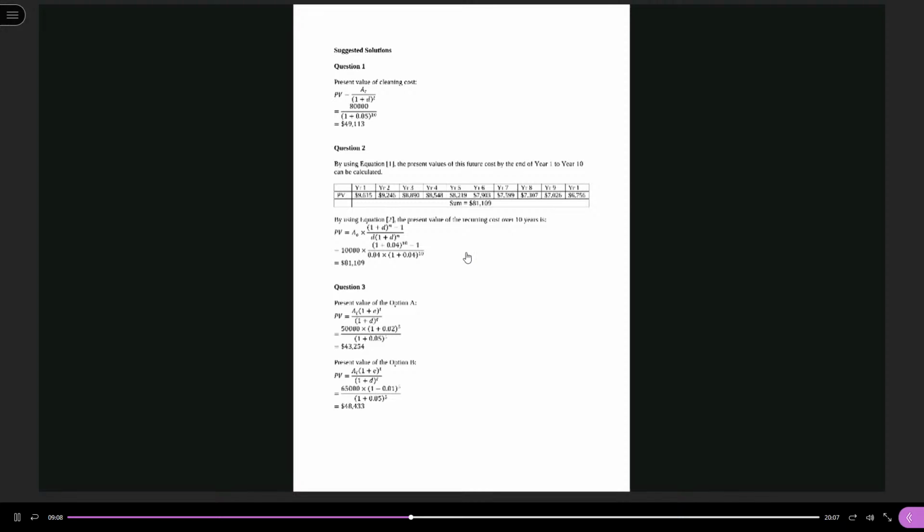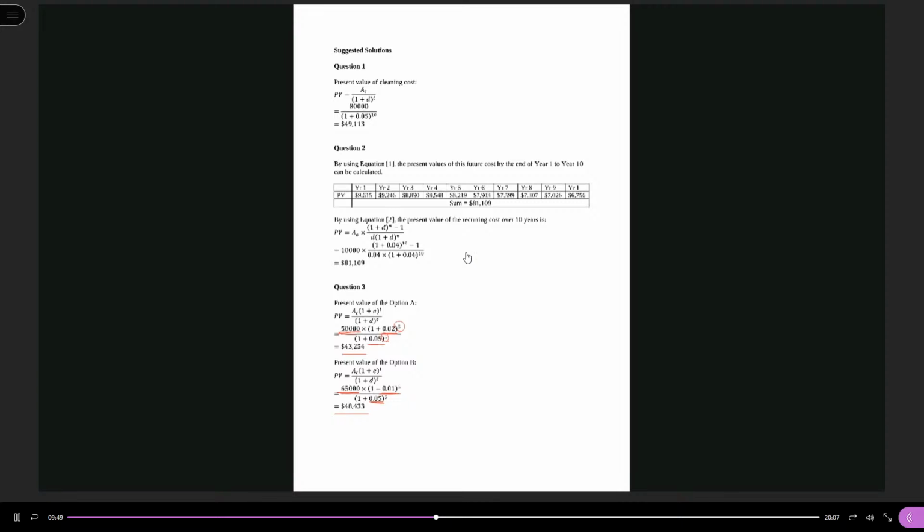AT, the rate of escalation, and the real discount rate, and this amount of money will be paid at year 5. So this is the present value. And for option B, this is the amount of money to be paid in year 5, the rate of escalation is 1% lower than the general inflation, and D is the real discount rate. So this is the present value.